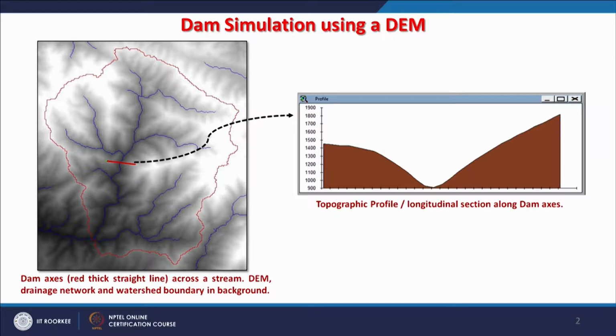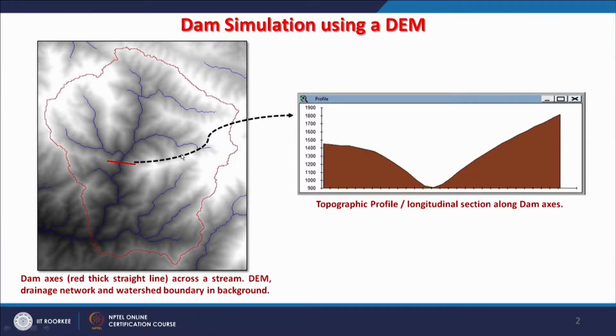Once you draw a line over a digital elevation model, the next output you can generate is the profile, or topographic profile, which we have already discussed. This is the topography along this straight line, or dam axis.